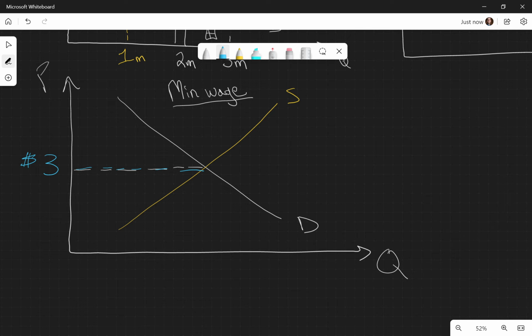No one can live off that. No one can purchase food and shelter and medicine and heat and all the other necessities of life off $3 an hour. And so they come and they set a minimum wage, a price floor, and they say you can't pay anybody less than whatever the minimum wage is, like $7.50 or something like that.